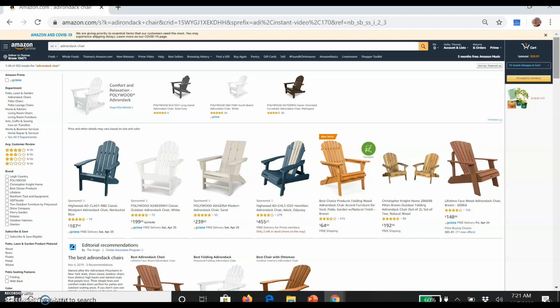So if I do a search in the whole website of Amazon for Adirondack chair, this is what comes up on top. I've got the lead sponsor right up on the top with different pictures, and then I have other sponsors below. I have editorial recommendations by someone, and of course I can resort these if I want.